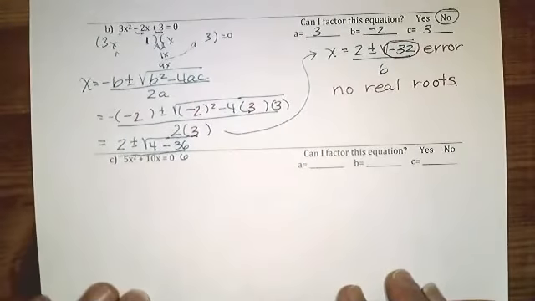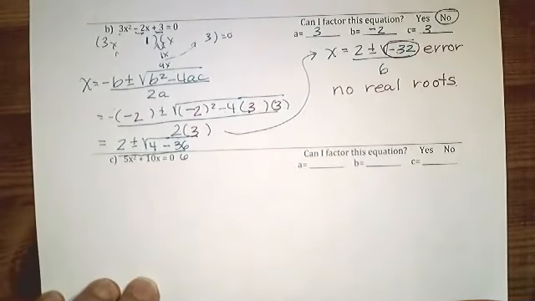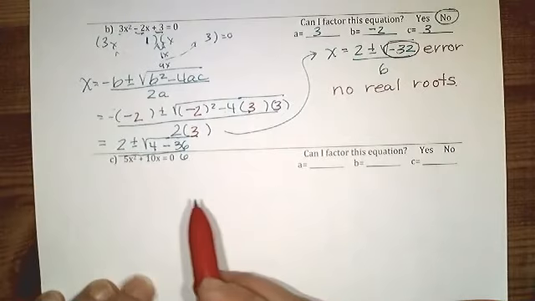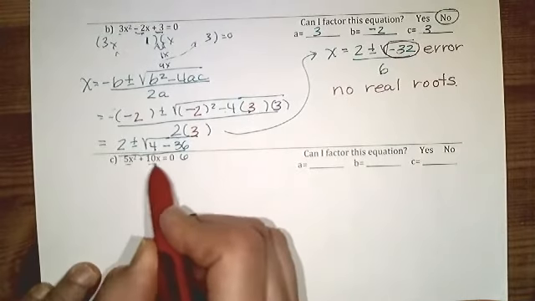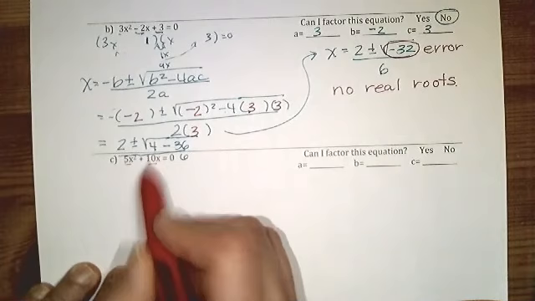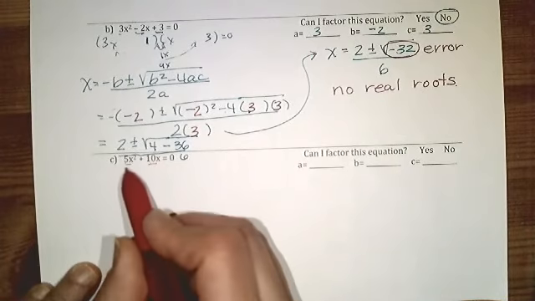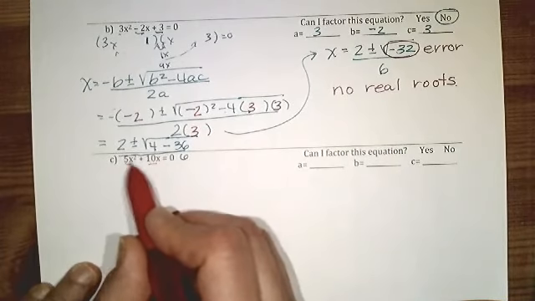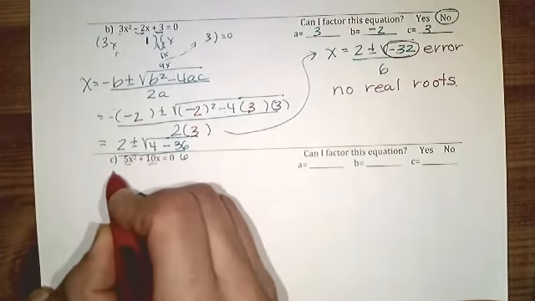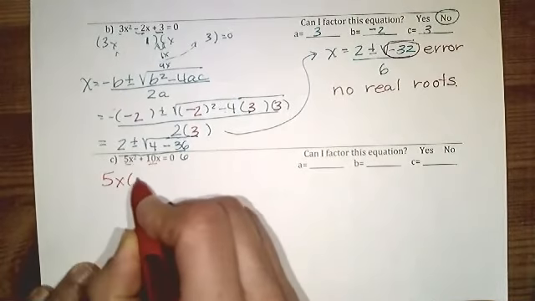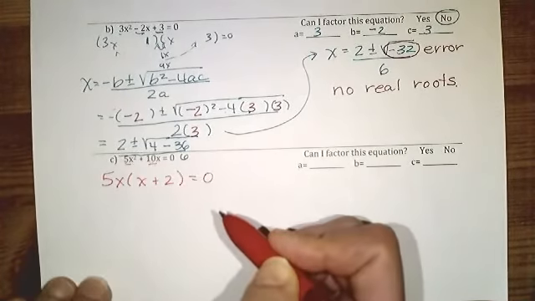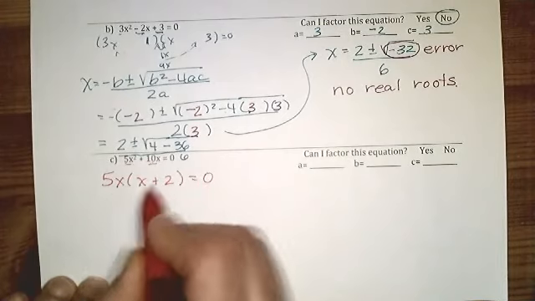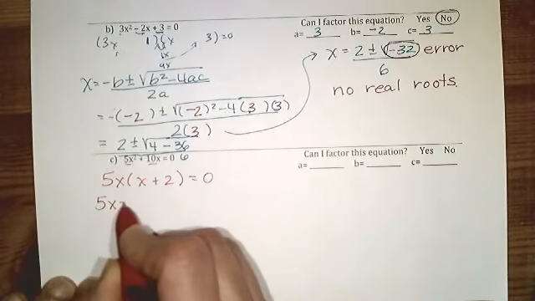One more example. Once again, we're going to look to see if we can factor this. I notice first off, I only have 2 terms. And I know these aren't squared values, so I know it's not a difference of squares, but I notice they have a common factor of 5 and x. So I'm going to common factor out 5x. Once again, I can set these equal to 0.